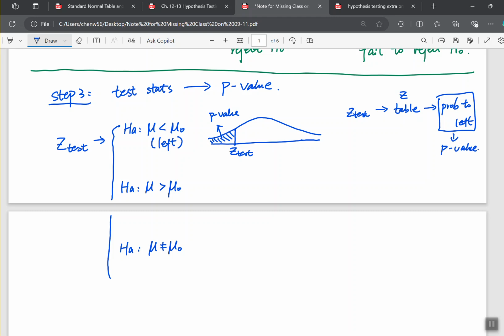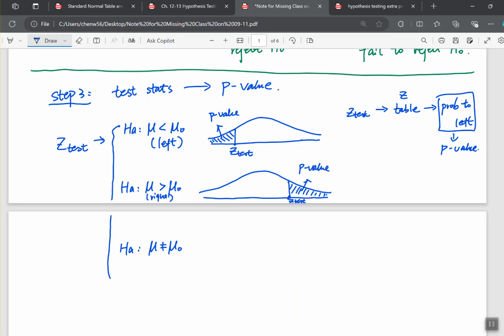All right, and then the next case, if your alternative hypothesis is mu larger than mu 0, then we'll have a z here, right? So it's the z test statistic, and since this is the right tail hypothesis, we care about the probability to the right. We call this part my p-value.